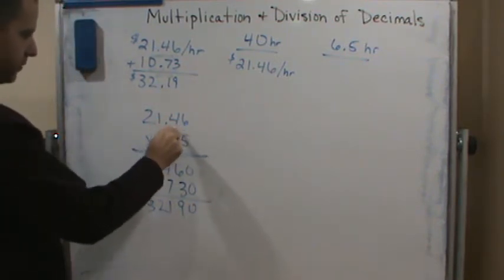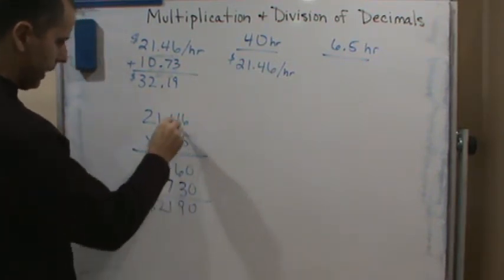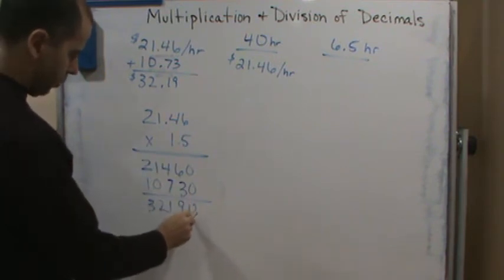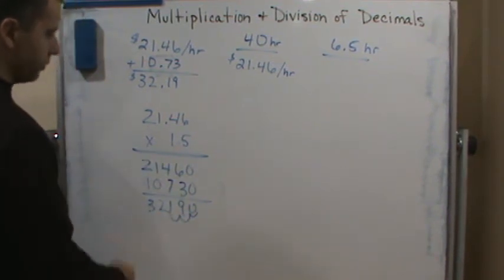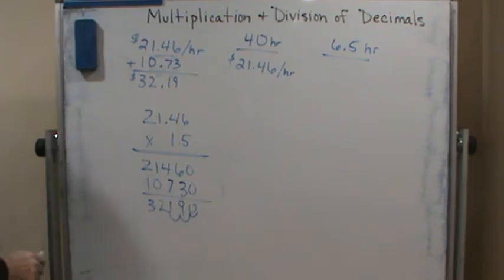And then we count the digits, 3. So we go 1, 2, 3, and we get 32.19. So we get the same thing.